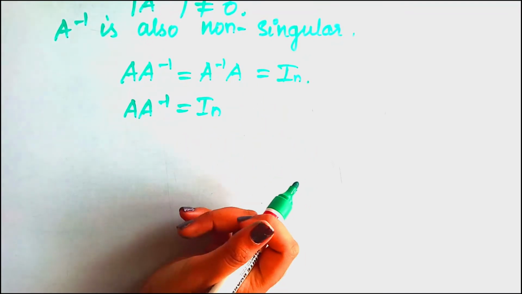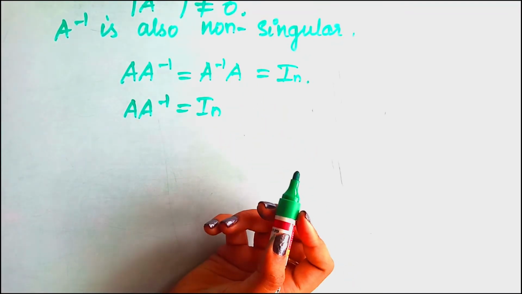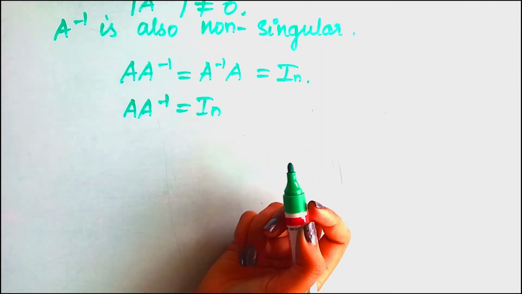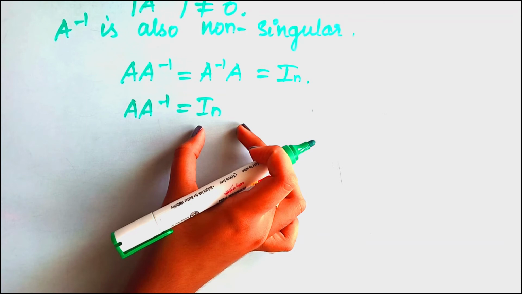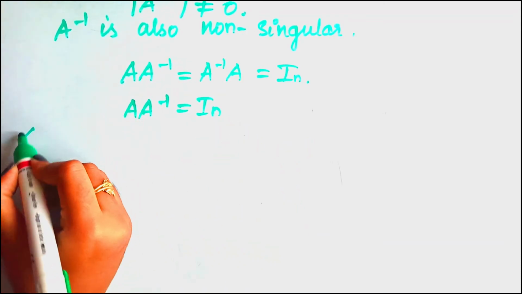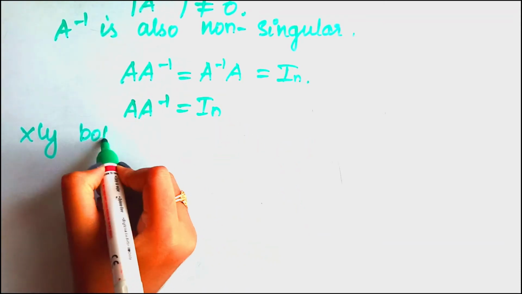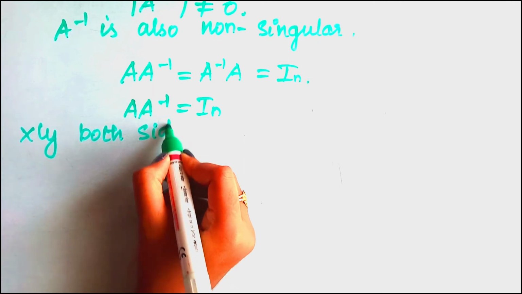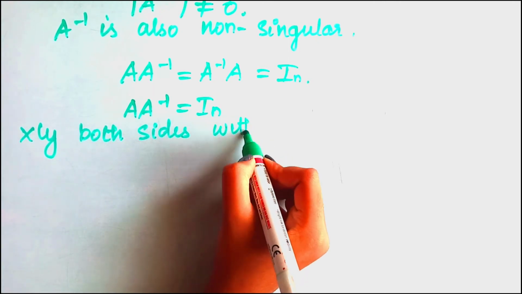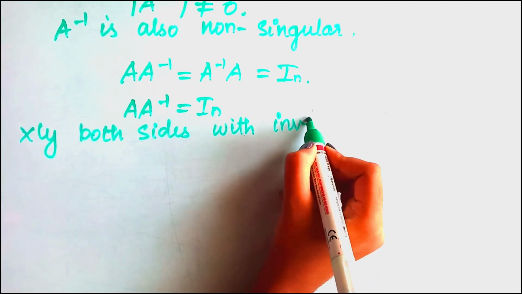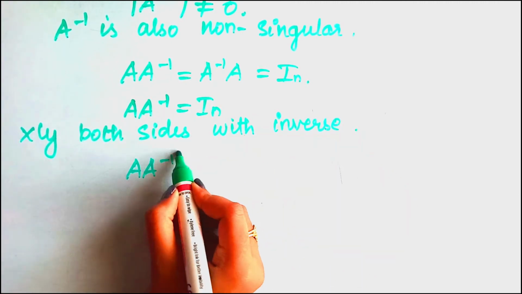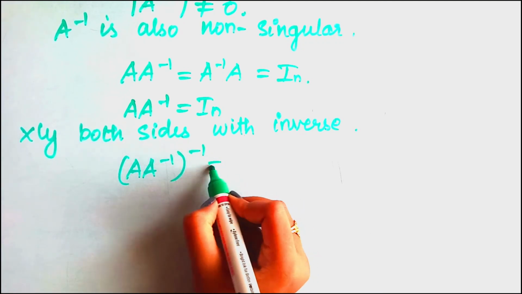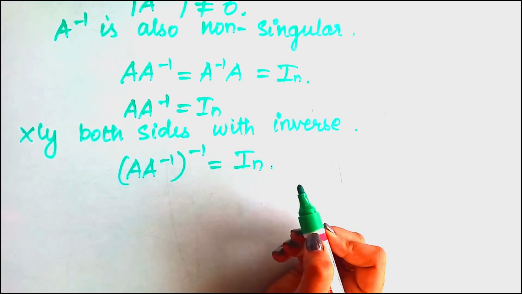Now here we need to prove a double inverse, which is A inverse, the whole inverse. So that's why we are multiplying both sides by the inverse. Okay, so multiply both sides with the inverse. While multiplying we get A into A inverse, the whole inverse, is equal to In, right?